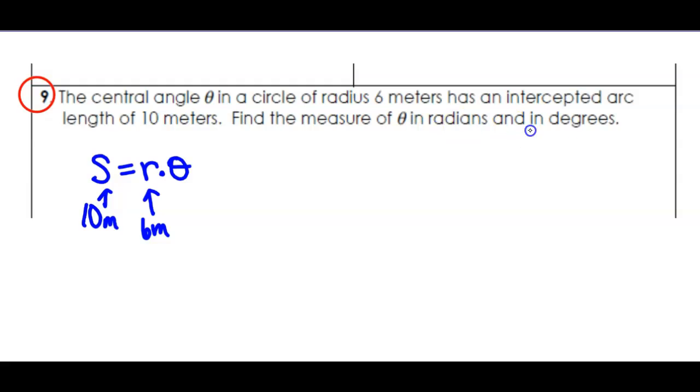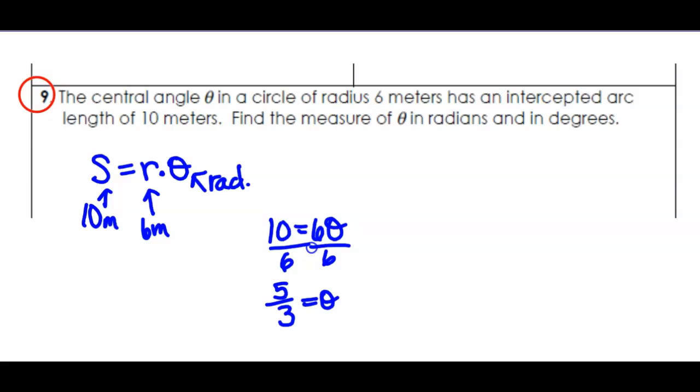Find the measure of the angle in radians and degrees. Well, this formula is automatically in radians. So if we just have 10 equals 6 theta, we divide, and we get 5/3 equals theta. That is in radians. I know there's no pi, and that's bothersome, but it already is in radians.